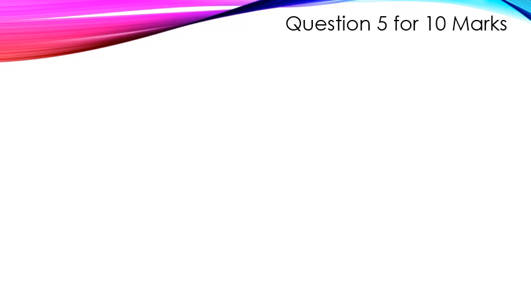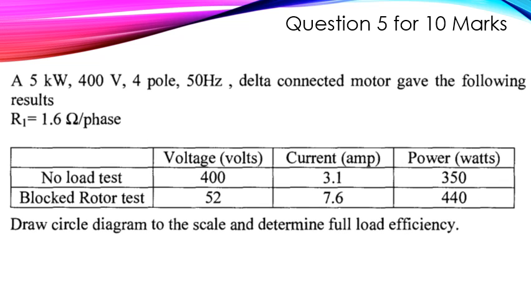Now the next question is question 5, which is for 10 marks, and that is of circle diagram. The question is a 5 kilowatt 400 volts 4 pole 50 hertz delta connected motor gave the following results, and it is assumed that the stator resistance is 1.6 ohm per phase.